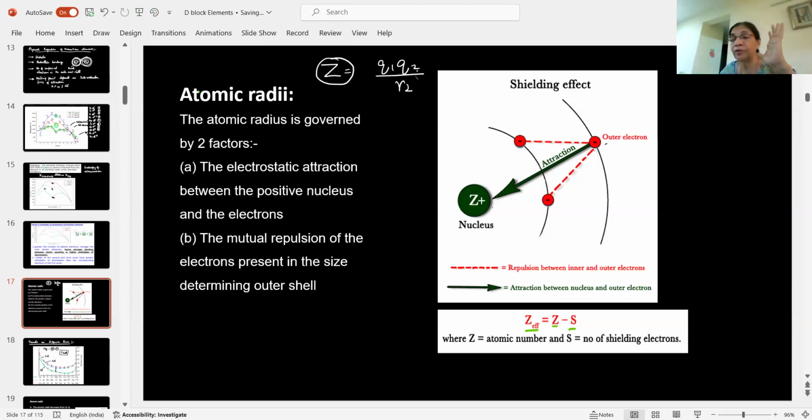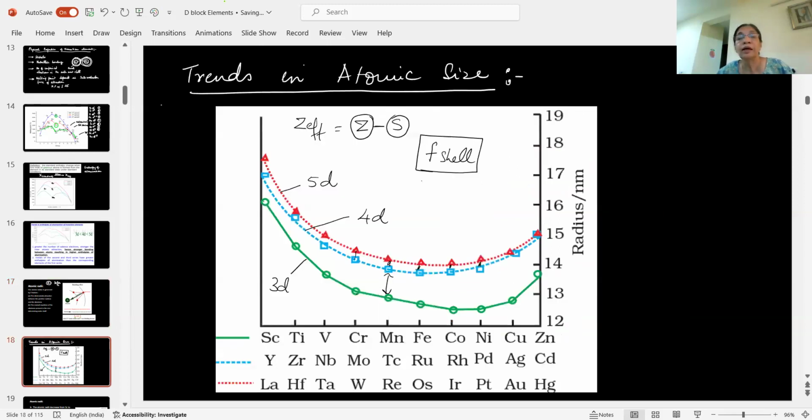So if the number of shielding electrons are more, then the atomic size slightly increases. So we can see the two factors: the electrostatic force of attraction between positive nucleus and the electrons, and the mutual repulsion of electrons present in the size determining outermost shell.